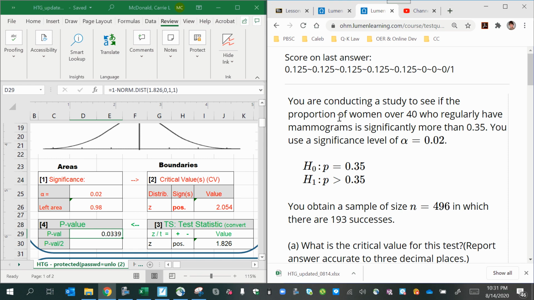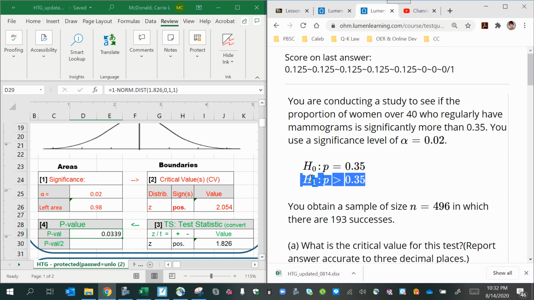So notice here that our claim was that the proportion of women over 40 who regularly have mammograms is significantly more than 0.35. So that was a statement. The claim that we were testing was a statement that had no equality in it, and it became our alternative hypothesis. So this alternative hypothesis, in this case, is our claim.